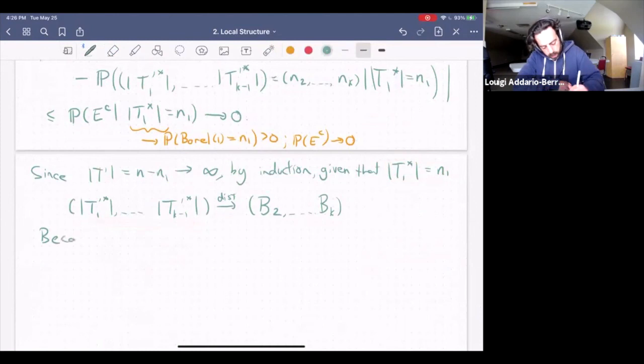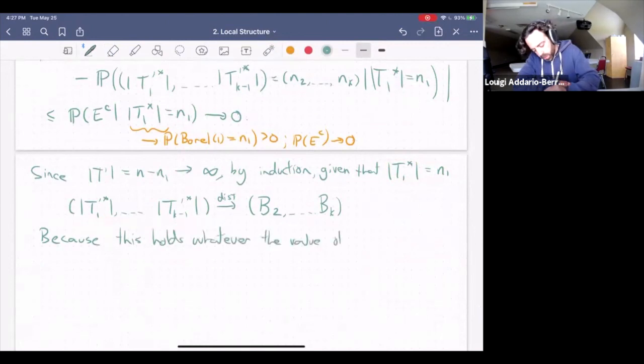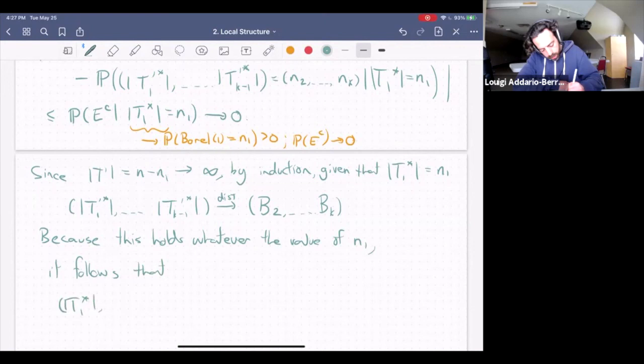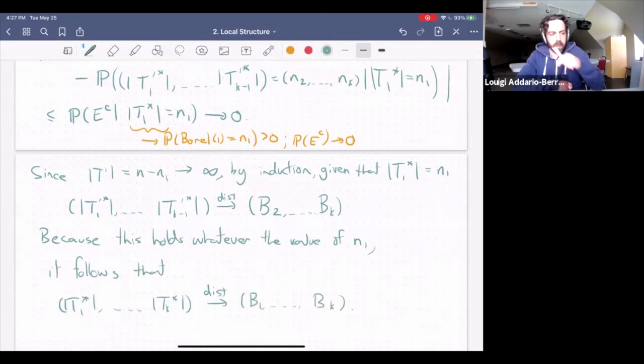So because this holds whatever the value of N1, it then follows that all of those subtree sizes converge jointly to independent Borels.